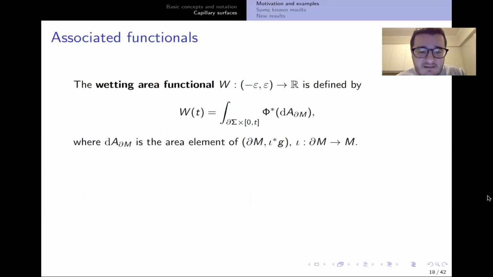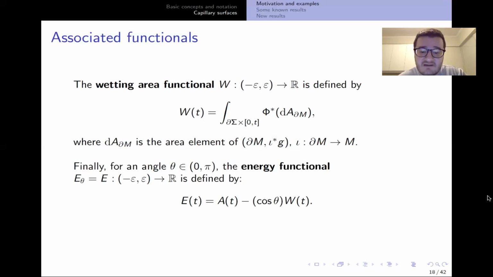So finally, we define this wetting area functional, which is basically the signed area in the boundary of the tube that the perturbed surface makes with the boundary of the initial immersion. So this is why we call it the wetting area. So just the part of the tube which is being wetted by the liquid when we shake it.